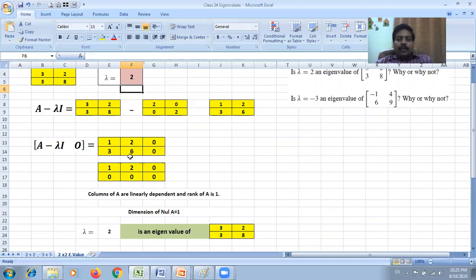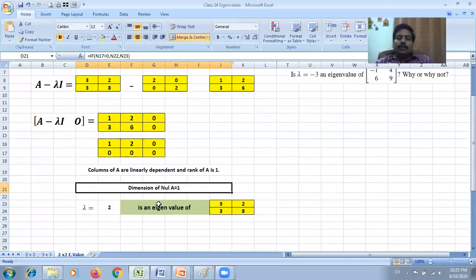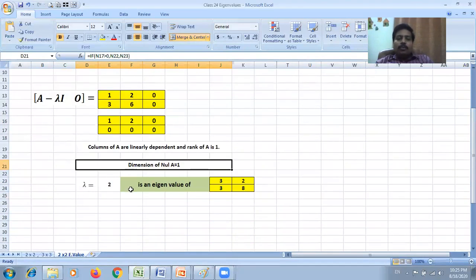Here also the columns are linearly dependent, so the rank of A minus lambda I is 1, and the dimension of Null(A minus lambda I) is 1. So lambda equal to 2 is an eigenvalue of the given matrix.